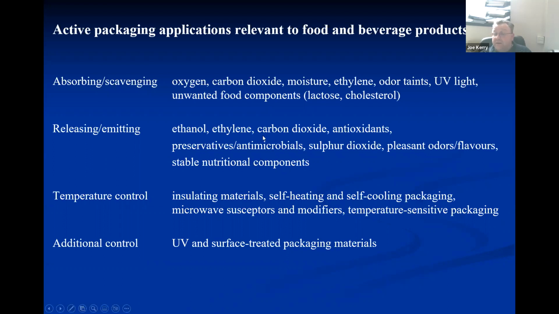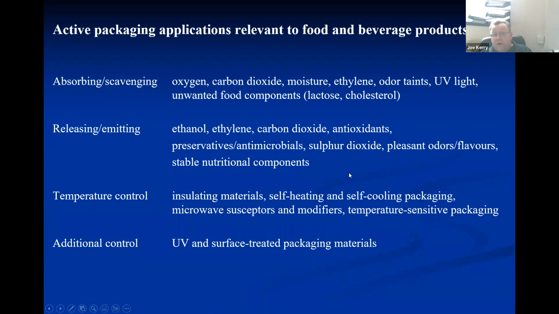Equally, carbon dioxide is a selective bacteriostatic gas. And so for really fast food spoilers like Pseudomonas, the use of carbon dioxide essentially prevents or discourages their growth inside a food pack.